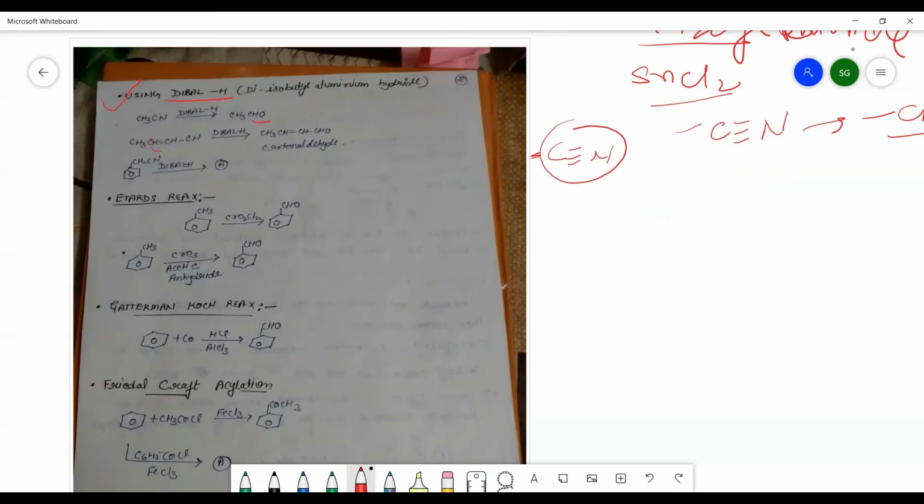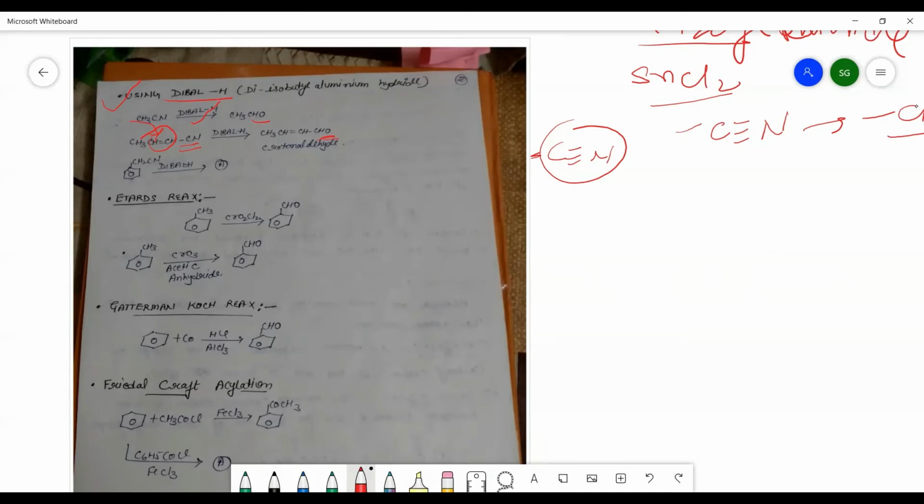But whenever a double bond is present, cyanide will be converted into CHO without affecting the double bond in case of Dibal H. But if we take SnCl2, the double bond will also get reduced. The double bond will be reduced, and the unsaturated compound will convert into saturated. So because of that reason, we use Dibal H whenever the double bond is present along with it.